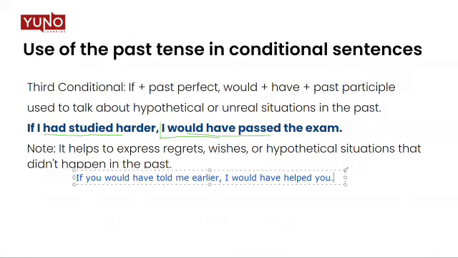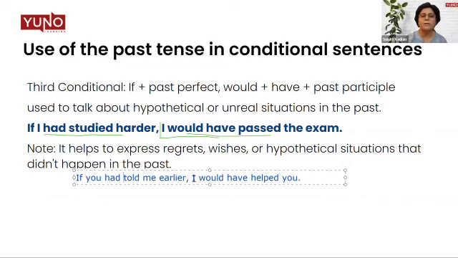If you had told me earlier, I would have helped you. Very good. Perfect, excellent. So in the main clause in these hypothetical conditionals, we use would. I would have helped. But since you did not tell me, I did not help you, right? So we are talking about something that was not done in the past. Why? Because a condition wasn't met. That's why.